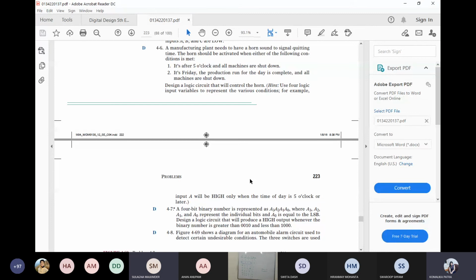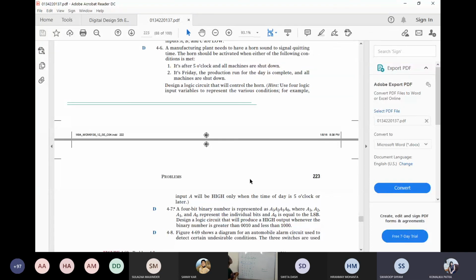Because in the second condition it's mentioned that if it's Friday and the production run is complete and all machines are shut down, then the 5 o'clock condition is a don't care, and the other three are all 1. Then the horn will be activated. So then also it is high. Correct? Yes, the 1011 condition also is high. Yeah, good.